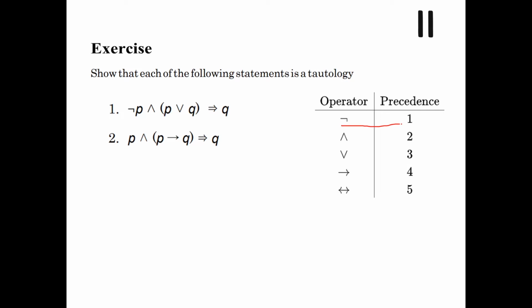Not is number 1, then and, or, implication, equivalence. So you can think of not P as one single element. You have to and it with this, and then the result of this, you apply it to Q.